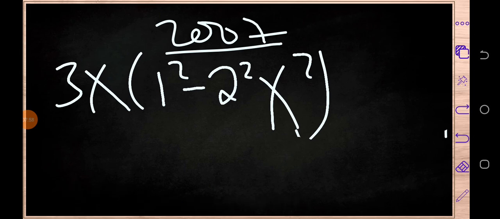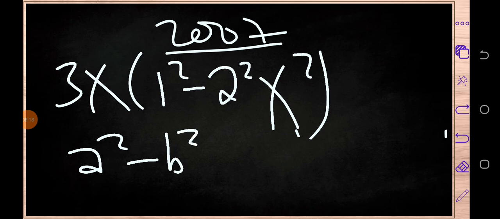So having done that, the next step is to factorize now using the difference of two squares. What does it mean? Let's say, for example, you have been given a to the power 2 minus b to the power 2.